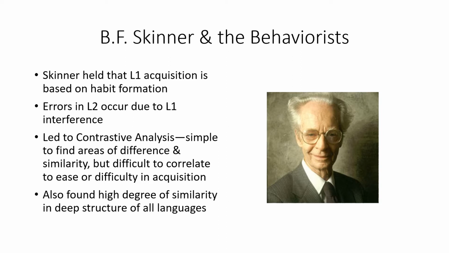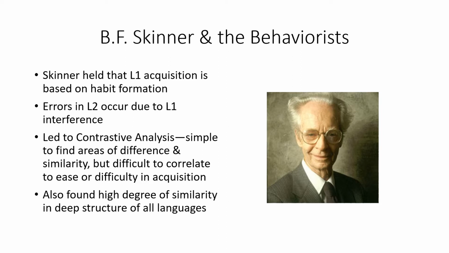It was a way of comparing two languages to find the areas of difference and similarity. And the assumption was that if the languages were different, it would lead to interference, and therefore you had to really focus on those areas. But that things that were similar would be easy for the learner to acquire.